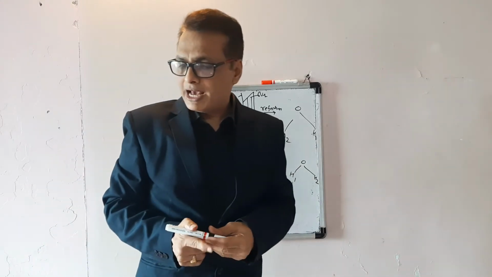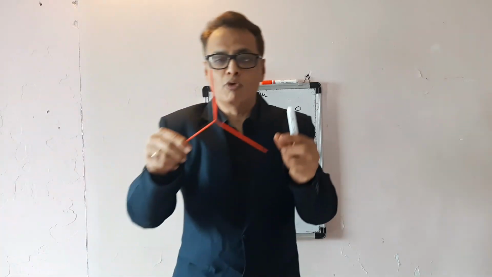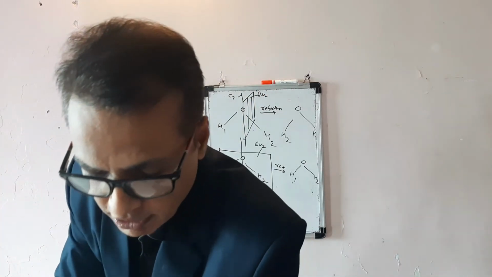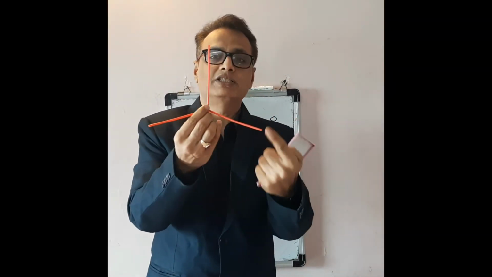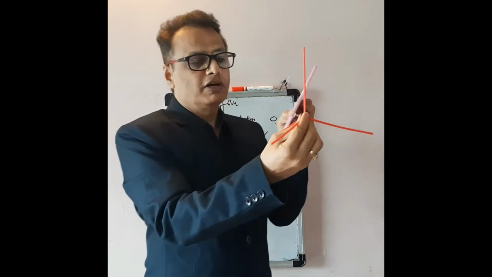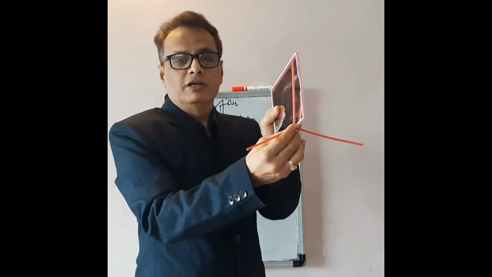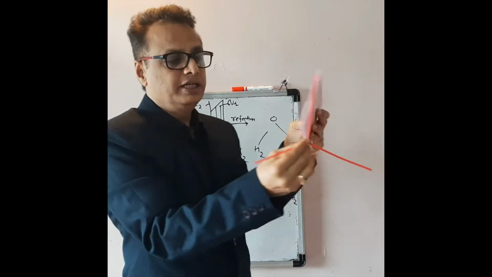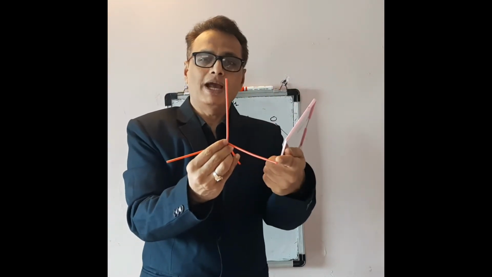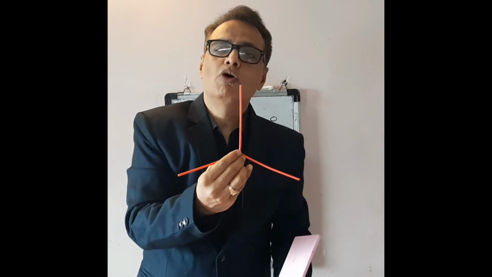Similarly, ammonia has three vertical planes. This is your ammonia. This is first vertical plane which contains nitrogen, H1, H2 and H3. So here H1 remains unchanged, while H2 would be reflected to H3 and H3 would be reflected to H2.